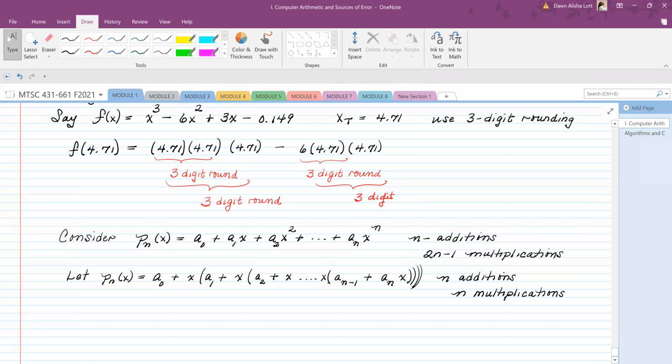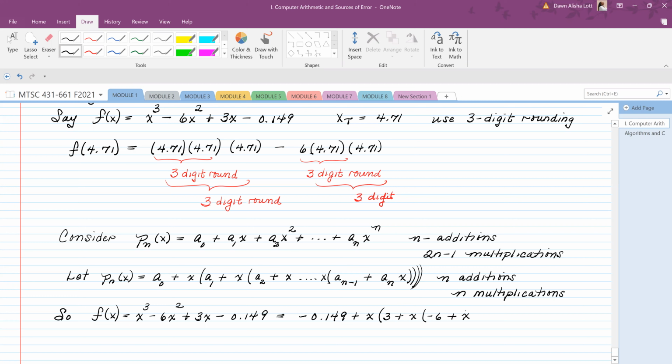So we would have f of x equaling x cubed minus 6x squared plus 3x minus 0.149, which would equal negative 0.149 plus x times 3 plus x times negative 6 plus x.